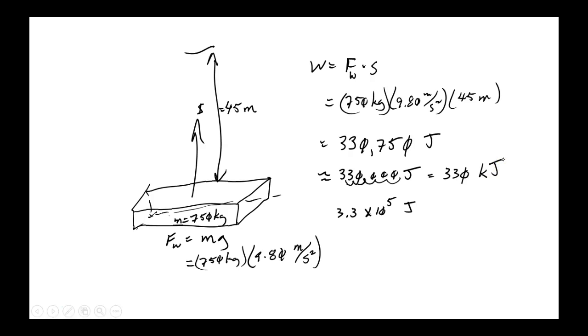Little k because that's just a unit. Capital J because it's named after John Prescott Joule. I like that better than writing 3.3 times 10 to the 5th joules. All those are correct answers. 330,000 joules, 330 kilojoules, or 3.3 times 10 to the 5th joules. All of them correct. They all get equal correct points.